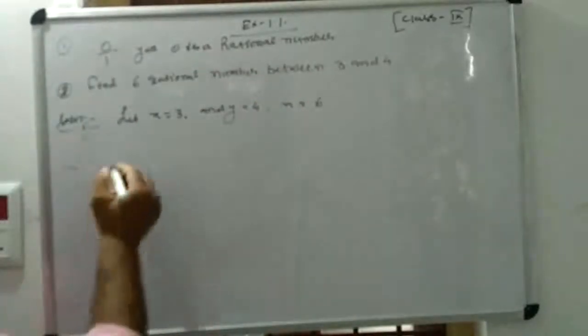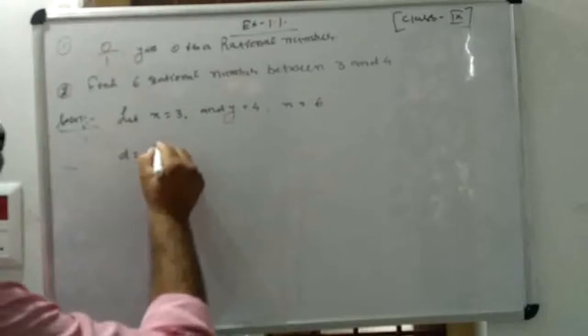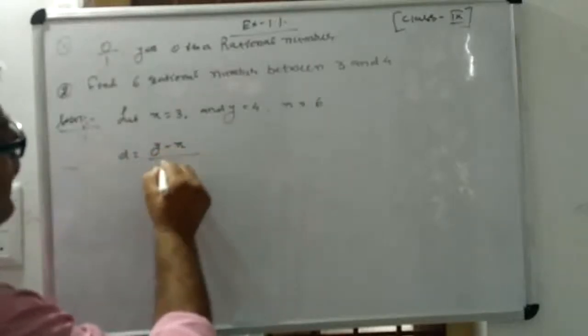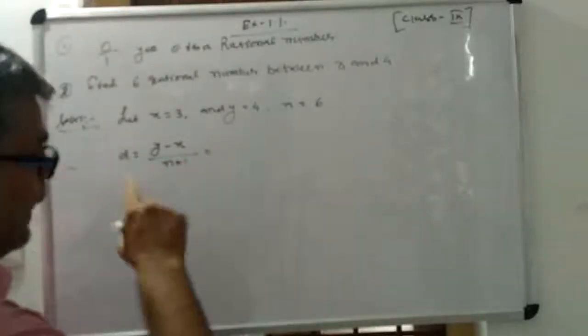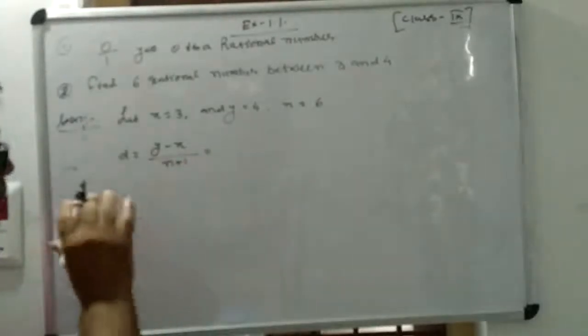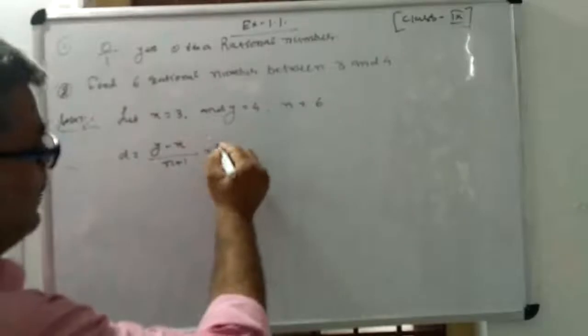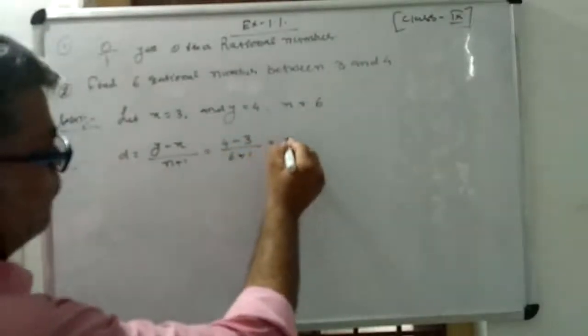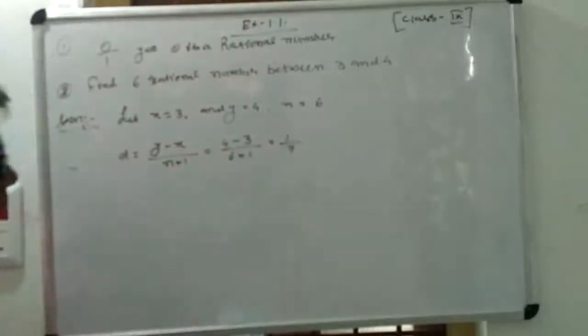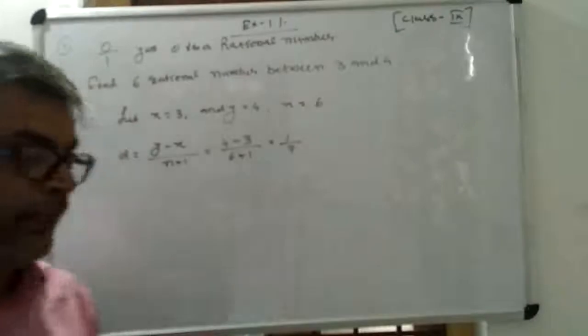Then there is a formula: d equals (y minus x) by (n plus 1). Now put the values of x, y and n to find d. So here y is 4, minus 3, by 6 plus 1, that is 1 by 7. Now you got the value of d, which is 1 by 7.